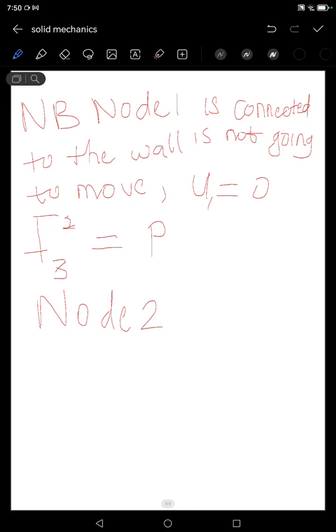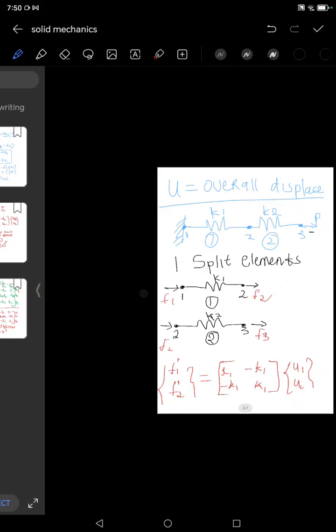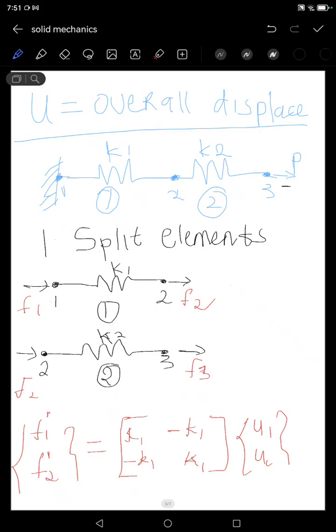So this is what I'm saying, f21 plus f22 is going to be 0, because we don't have an external force being applied. So this is what you have to note from that system where we have two springs.